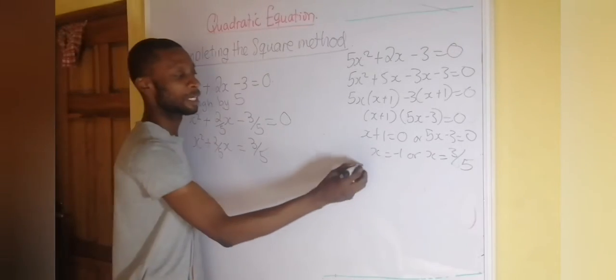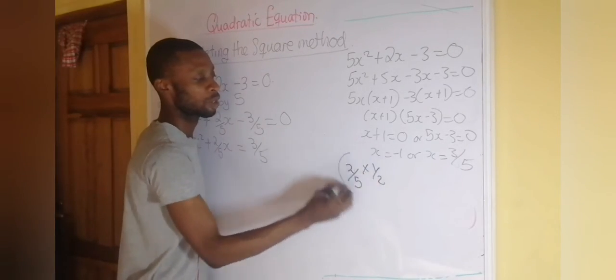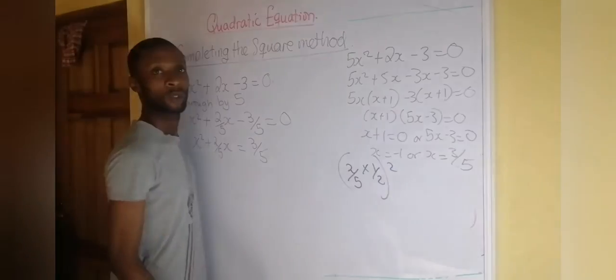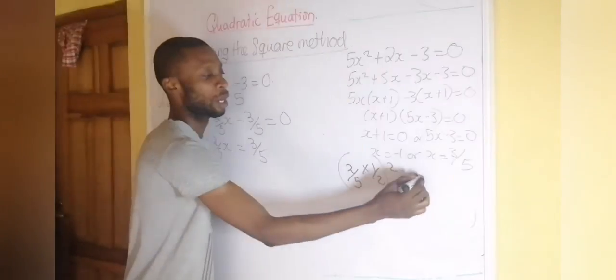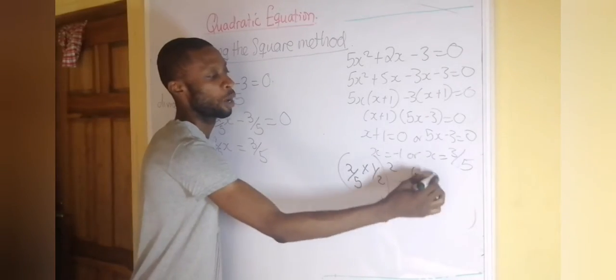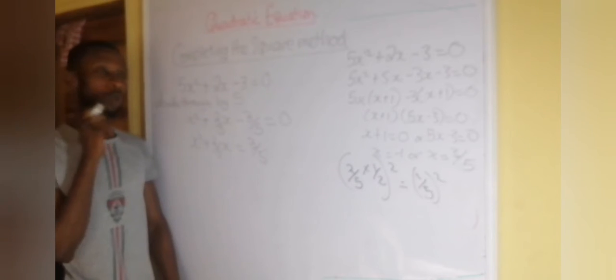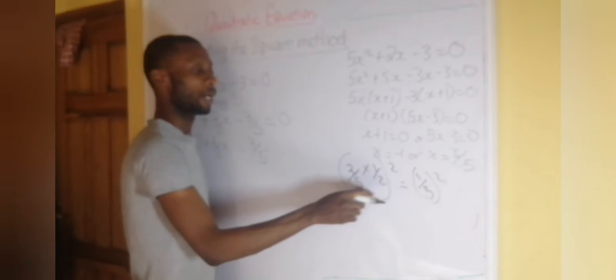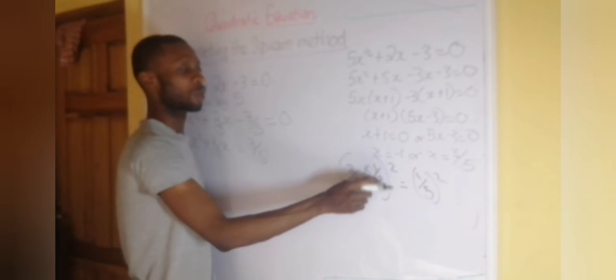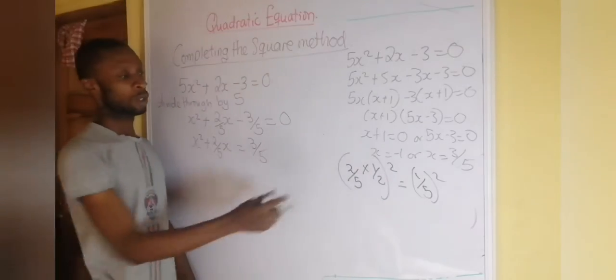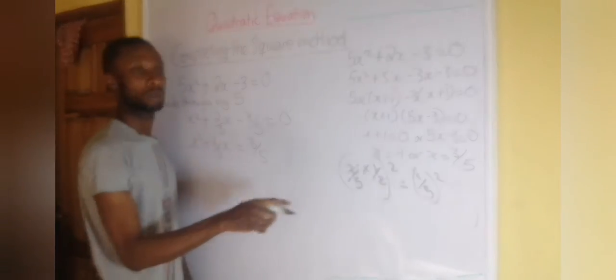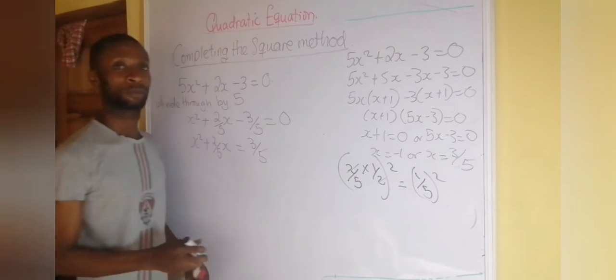You multiply it by half and you square it, you have 1 over 5 all squared. 2 over 5 times 1 over 2 squared, which is 1 over 5 squared, because 2 cancels 2.